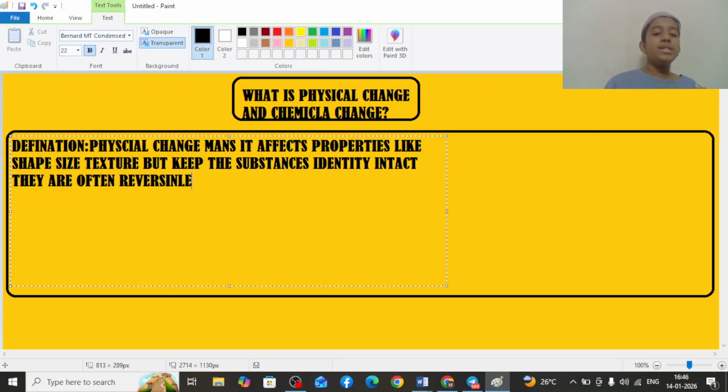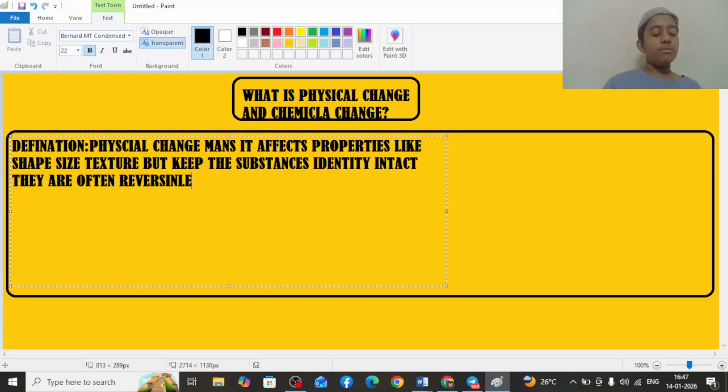So that is a physical change, meaning the thing which changes in real life with a push or a pull, and which changes the properties like shape and texture. You can see the texture was normal, but now the texture has become weird, like this on the paper.